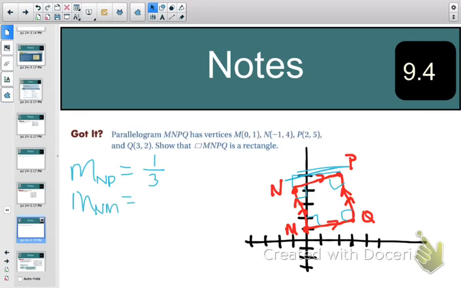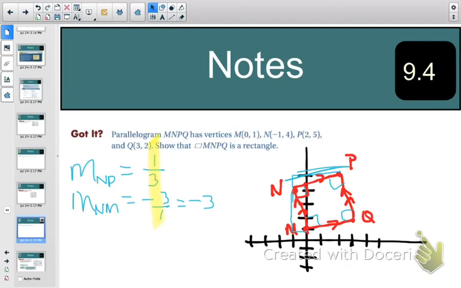So the slope of NM, we're going to go down 1, 2, 3, and over 1. So -3, because I went down 3, over 1, which is just -3. Okay, those two are opposite reciprocals because if you look at those right there, the fraction's flipped, and one is positive, one is negative. So I know now that this is a right angle.